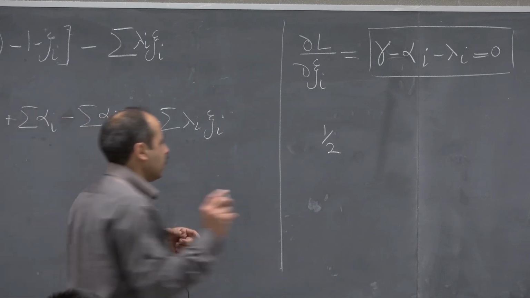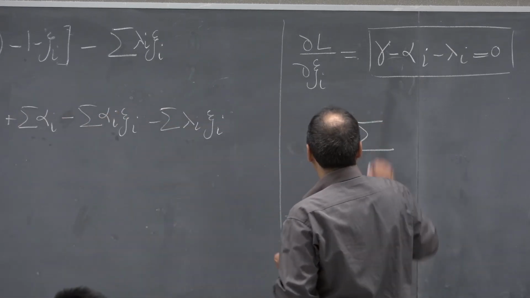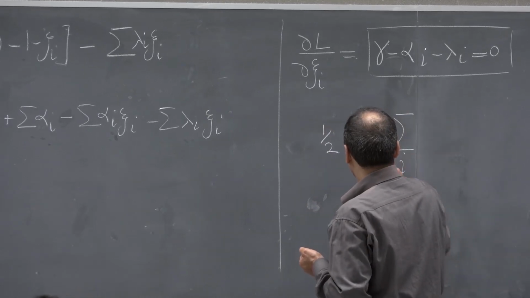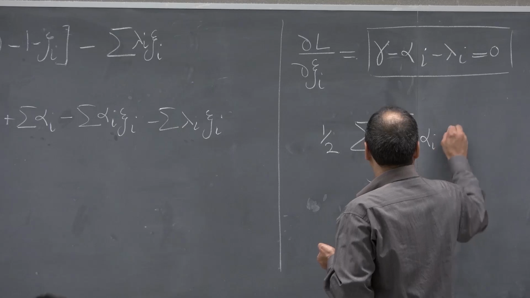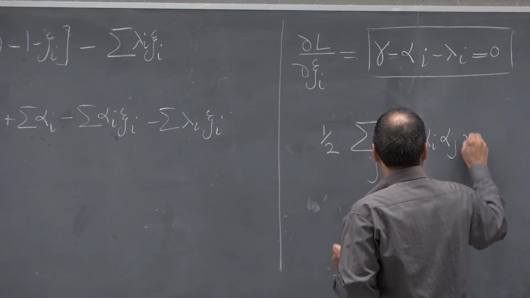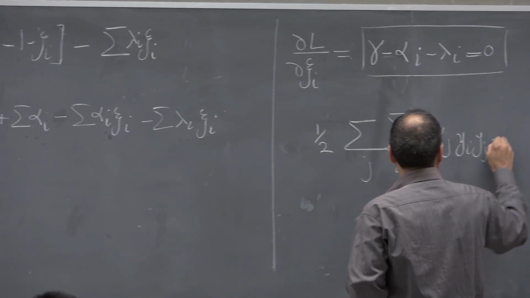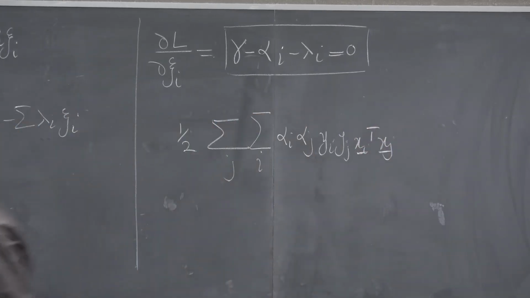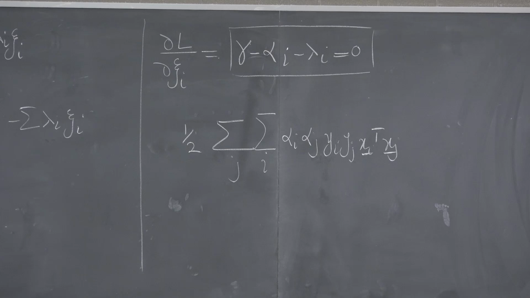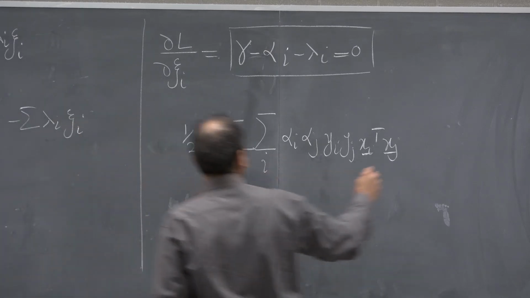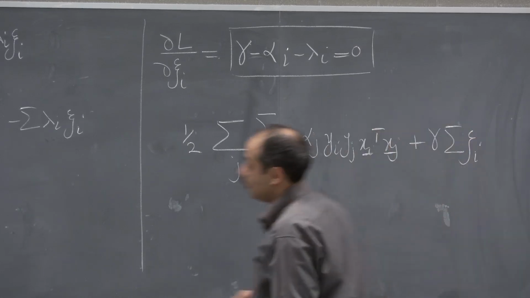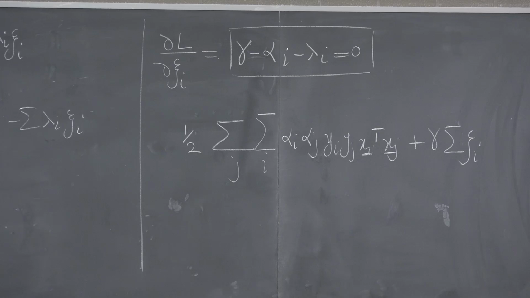And you remember, in the previous lecture we combined this as two sums over i, j: alpha_i alpha_j y_i y_j x_i transpose x_j. That was this term. I have this term, I just keep it because I can't do anything about it.